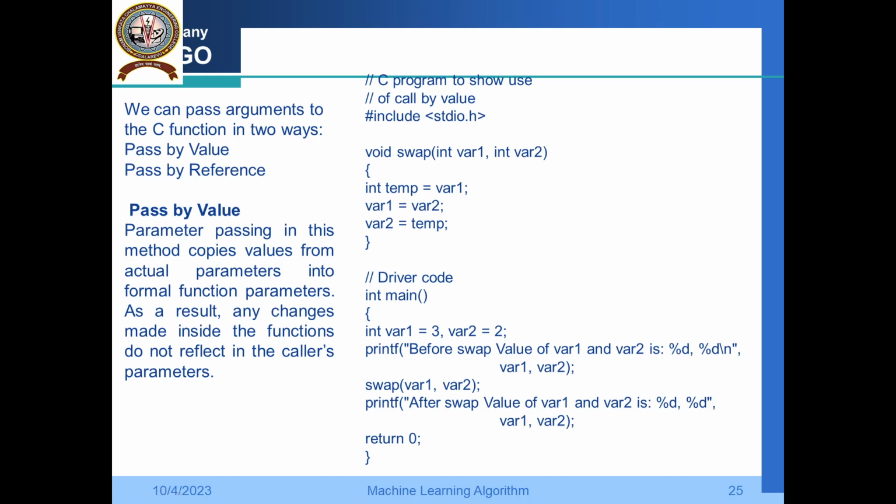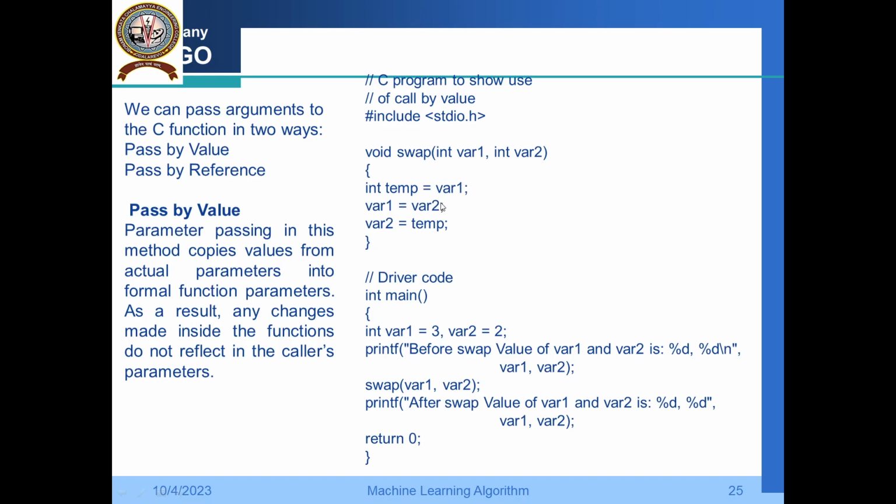Parameter passing in this method copies values from the actual parameters into the formal function parameters. As a result, any change made inside the function doesn't reflect in the caller's parameters. See now, void swap int variable 1 and variable 2. So variable 1 I am putting temporarily here, and variable 1 is equal to variable 2, variable 2 is equal to temp.